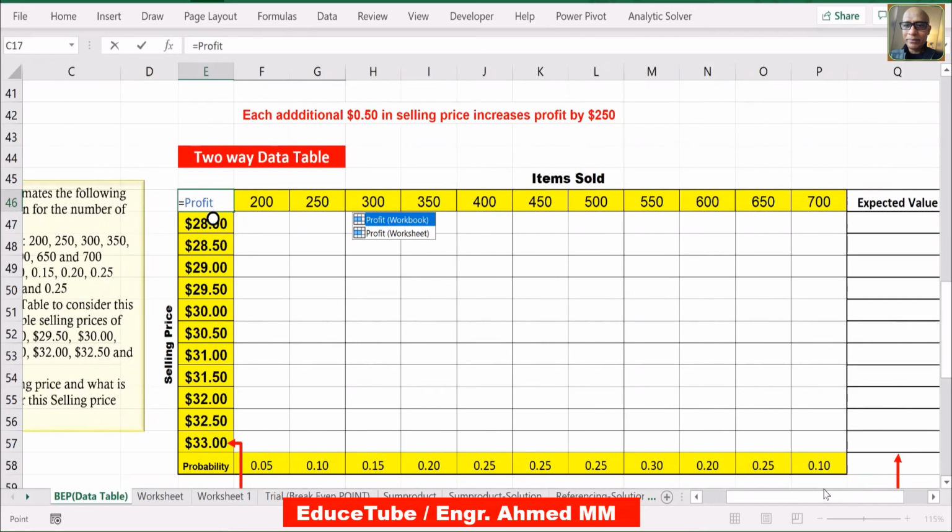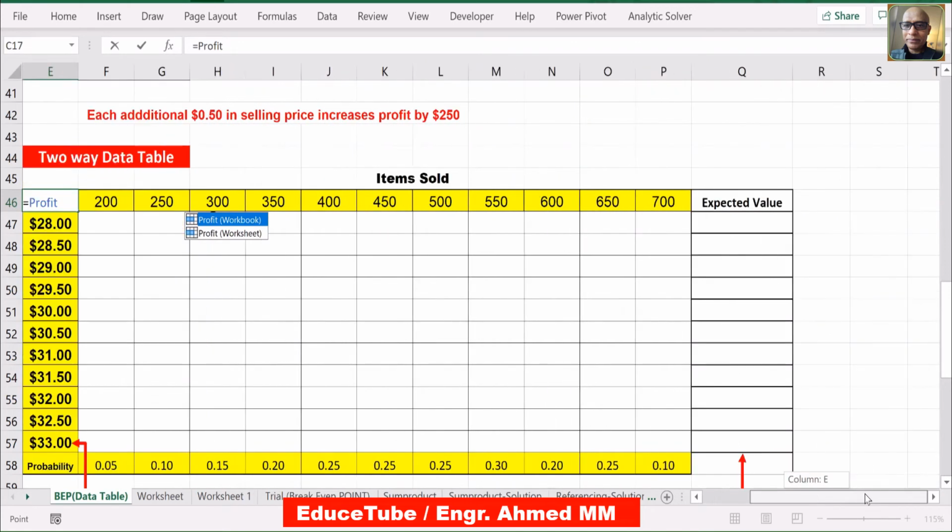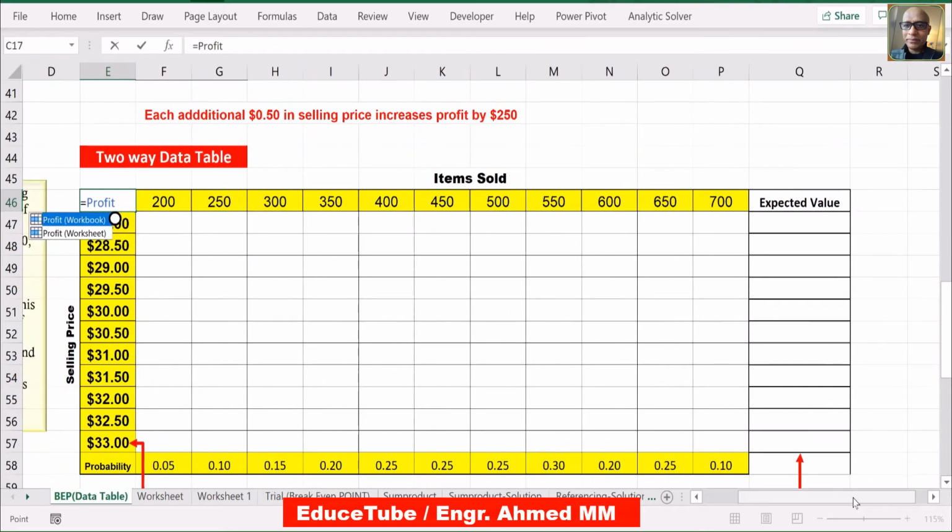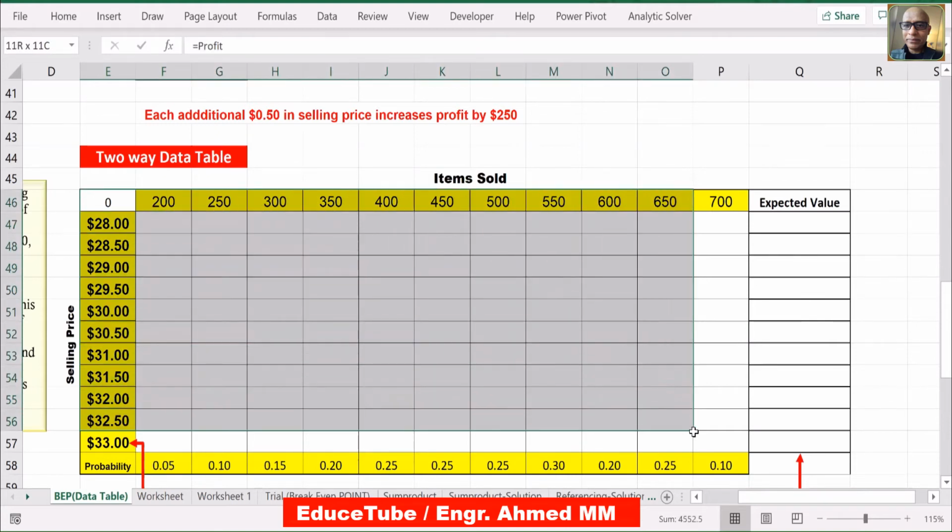So it is done. Okay, now this profit is here. Press enter, so you got 0. Now you have to select this whole area. How? Press here, pull it and select the whole area.